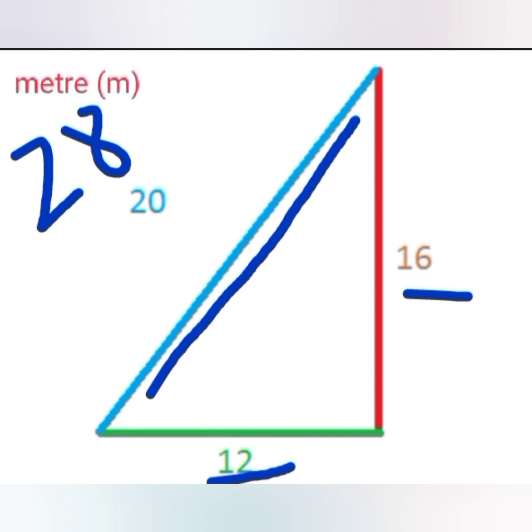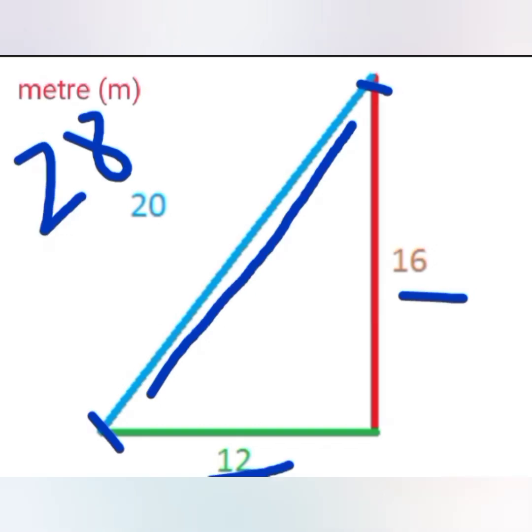That is, if you consider this one as your house and this one as your friend's house, it's the actual path covered by an object irrespective of its direction.